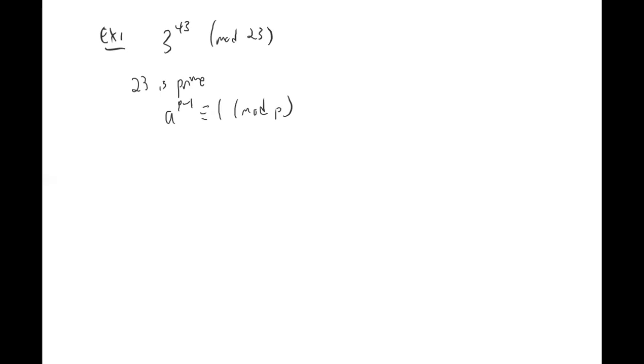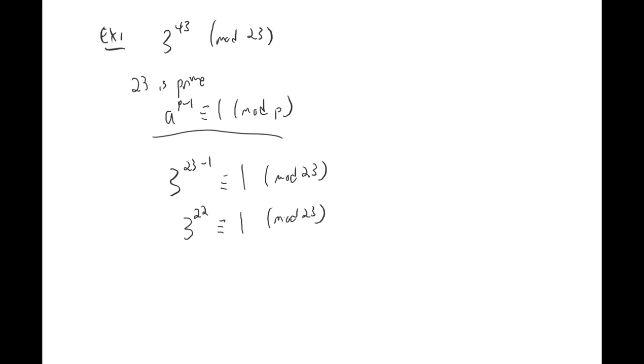So what do I know from this? I know that 3 to the 23 minus 1 is congruent to 1 mod 23. So 3 to the 22nd power is congruent to 1 mod 23. So what's 3 to the 43rd?